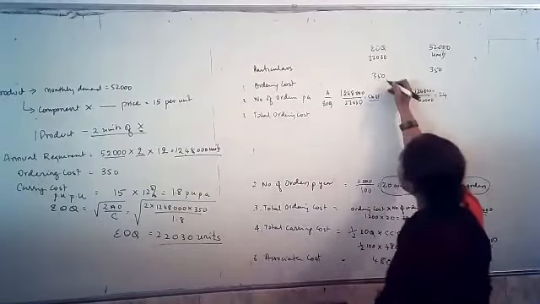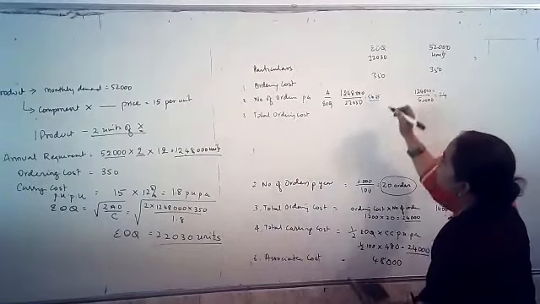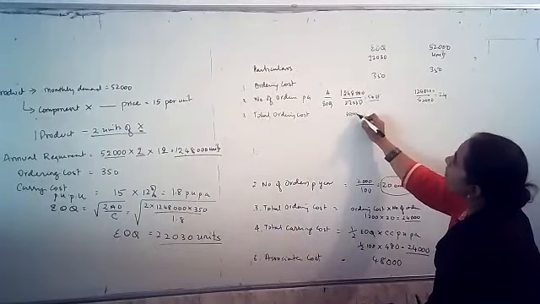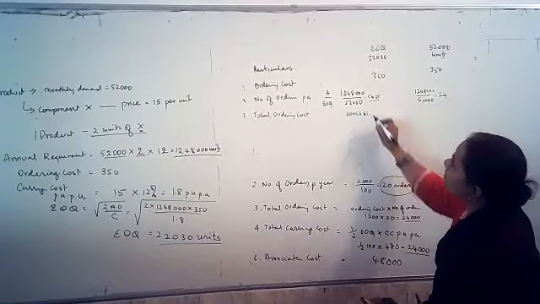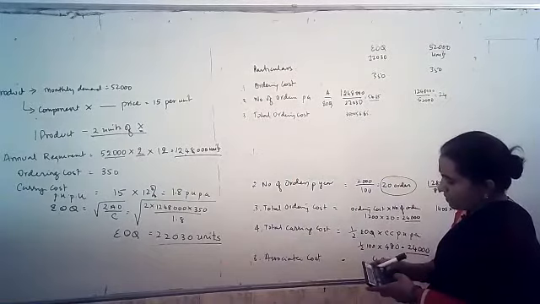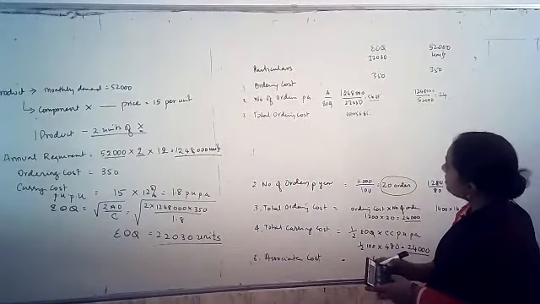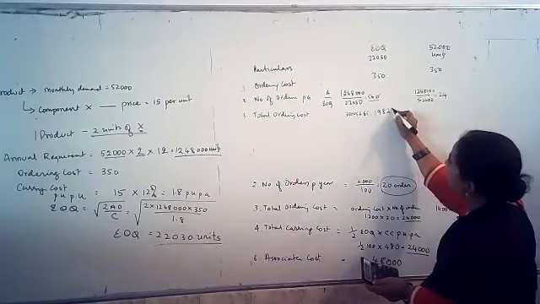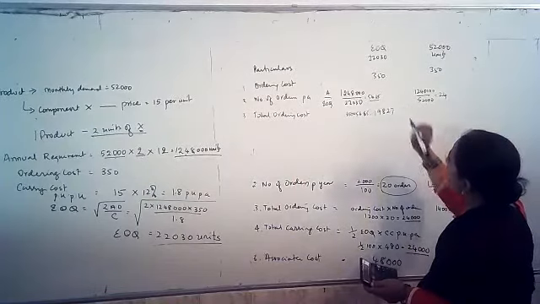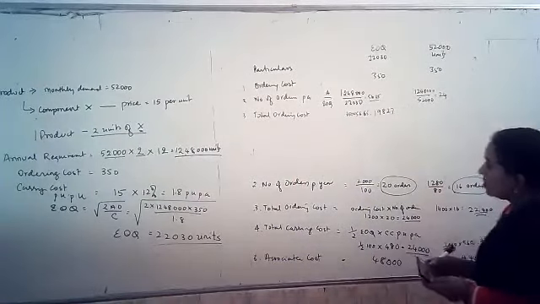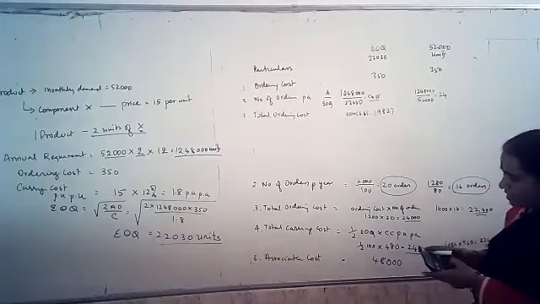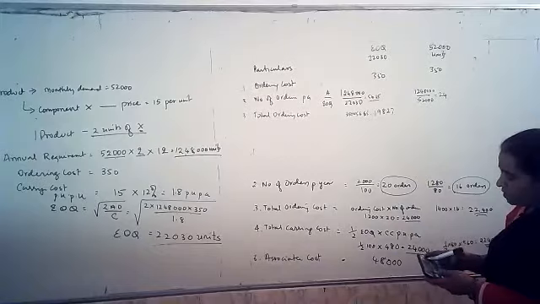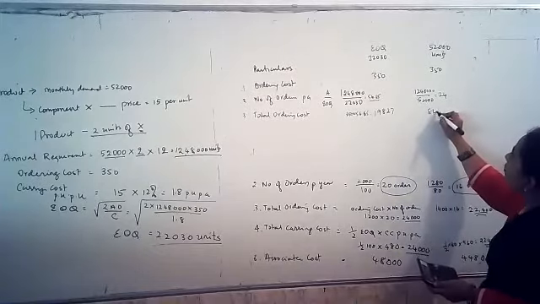Multiply 350 by 56.65. That comes to 19,827.5. I leave it as it is. Here it is 350 multiplied by 24. That comes to 8,400.